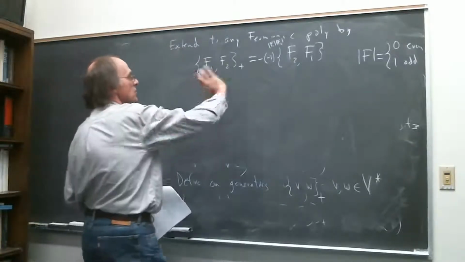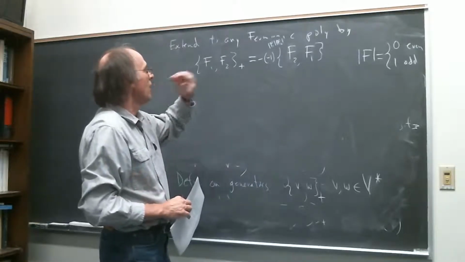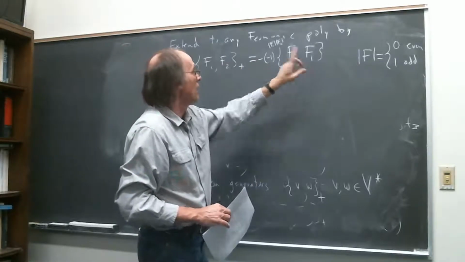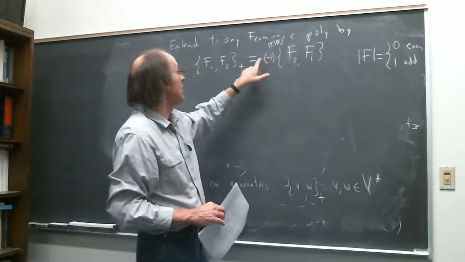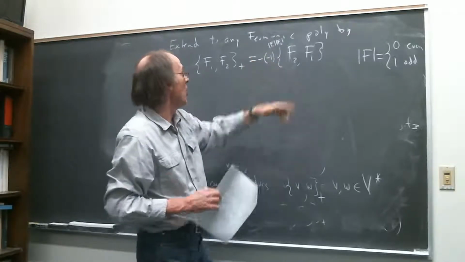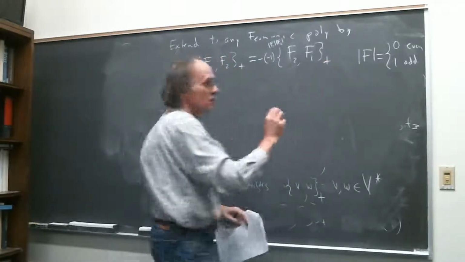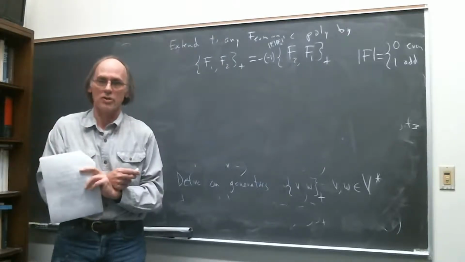Okay, so on things which are order 1, which are odd, this is going to be minus times (-1)^1. So on the generators, this is going to be symmetric. It's the opposite of the Poisson bracket.